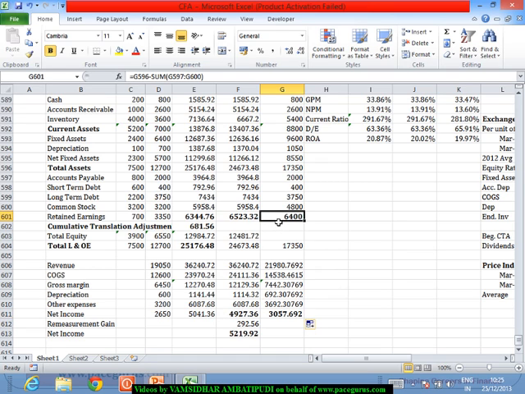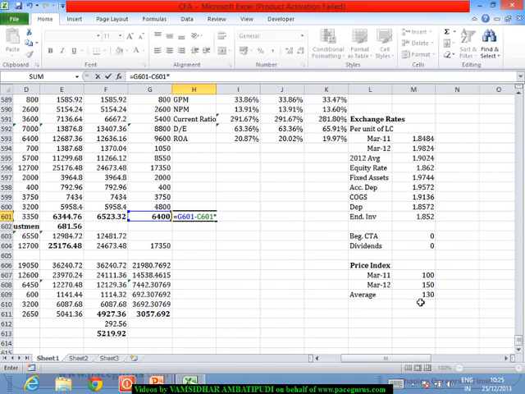Now here all I am looking at is the change in the retained earnings. Probably if 700 was the retained earnings in the earlier period, the change in retained earnings is 6,400 minus 700 restated by 150 over 100.